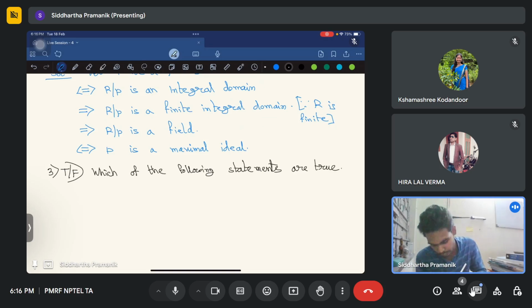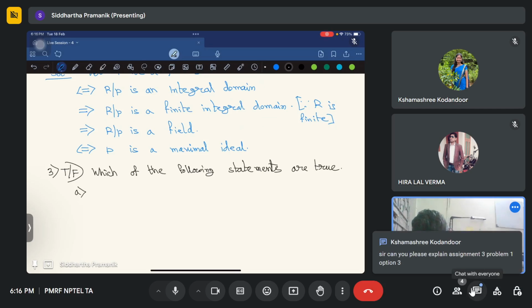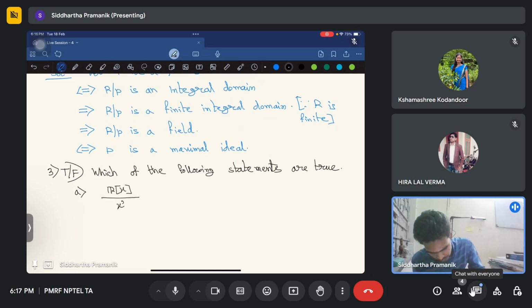The first statement is, you take this quotient ring R[x] mod the ideal generated by x squared, and this is isomorphic to R[x] mod x squared plus 1.